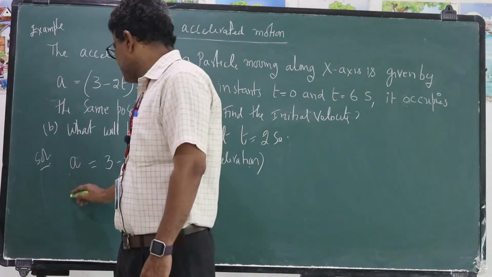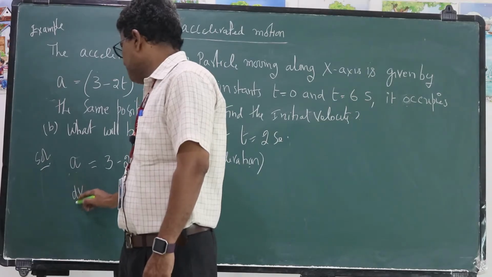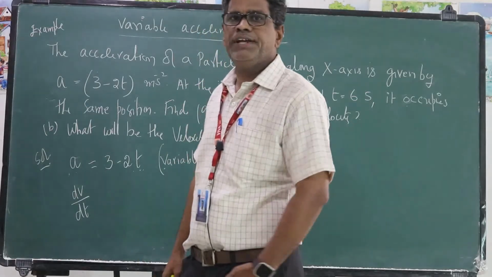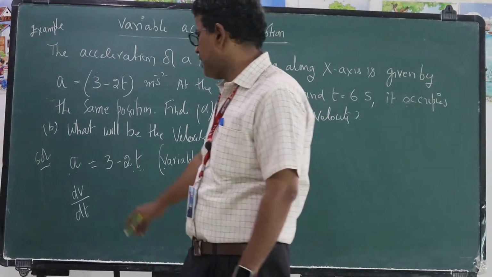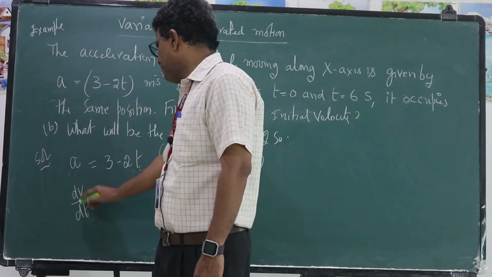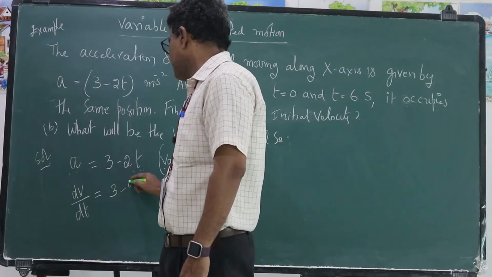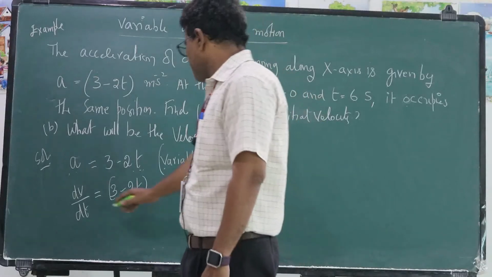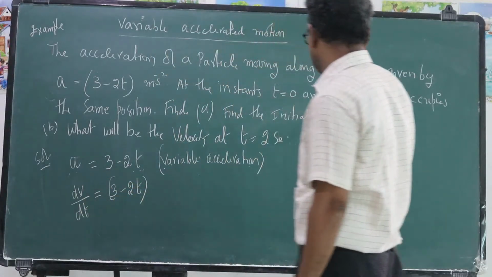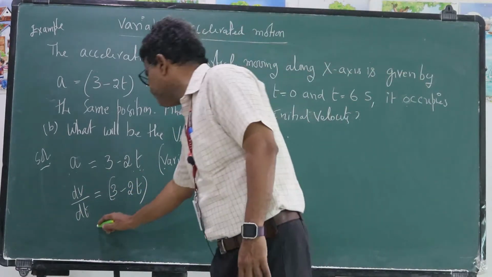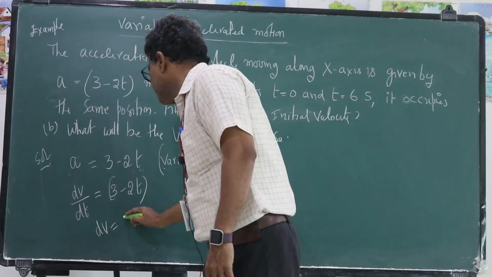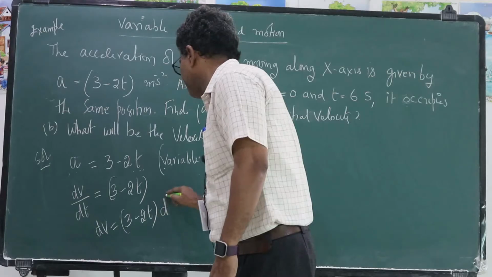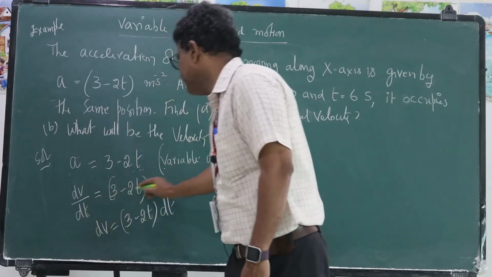From the definition of acceleration, a is equal to dv by dt, that is 3 minus 2t. So you bring this to this side: dv is equal to 3 minus 2t into dt.